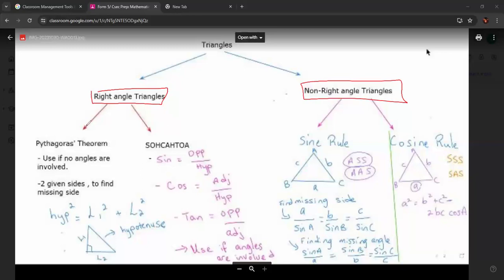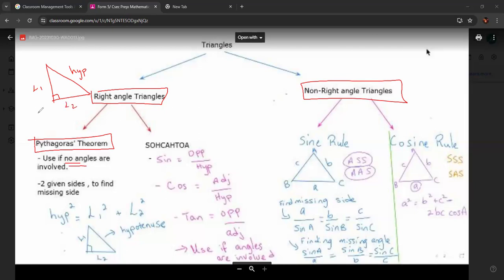If it's a right angle triangle and there are no angles being considered, we use Pythagoras' theorem. And Pythagoras' theorem simply means that in a right angle triangle, if I have to find a missing side, I'm going to take the hypotenuse, which is always opposite the right angle, and the other two sides, I can label them as L1 and L2.